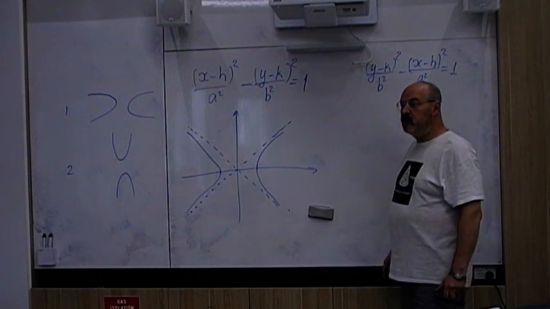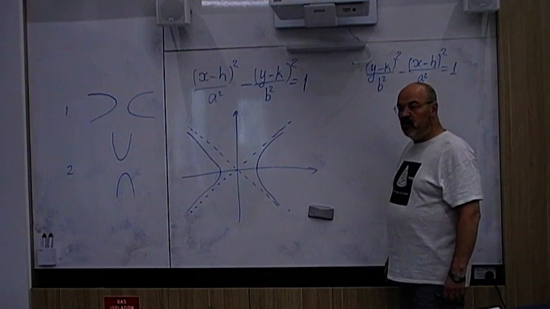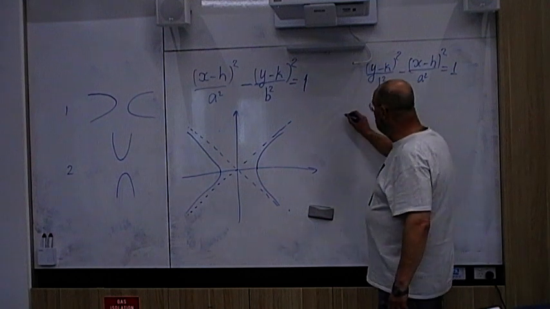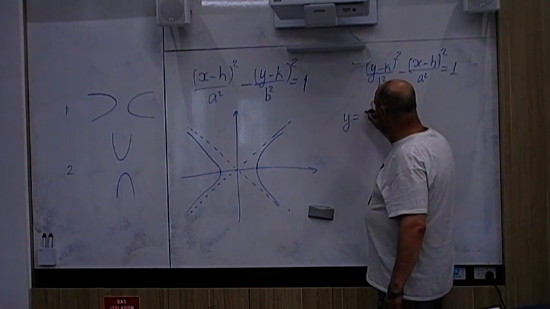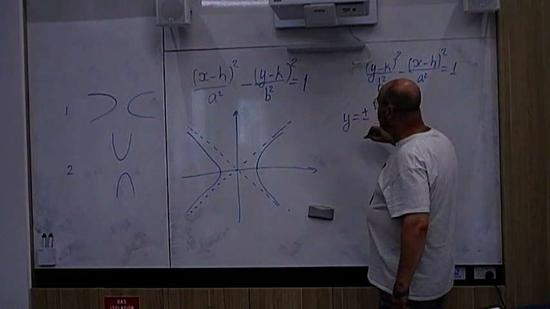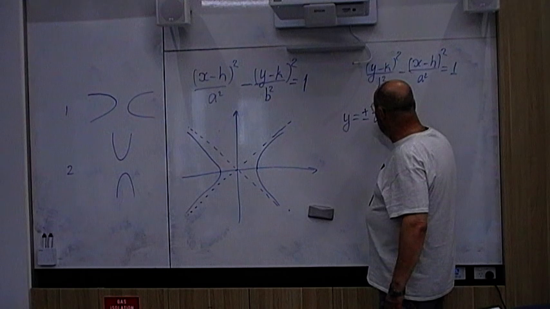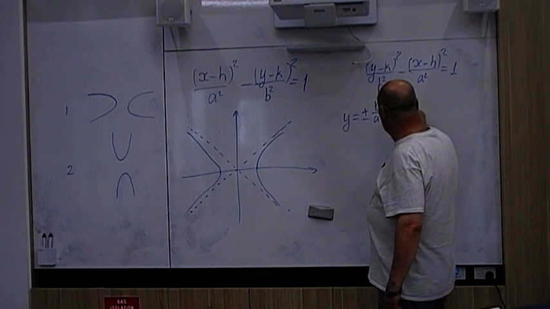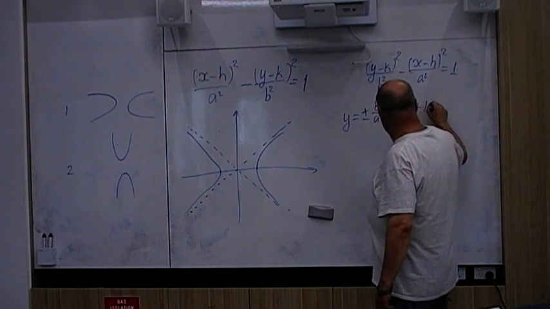The equations of the asymptotes are y equals plus or minus b over a times (x minus h), plus k.